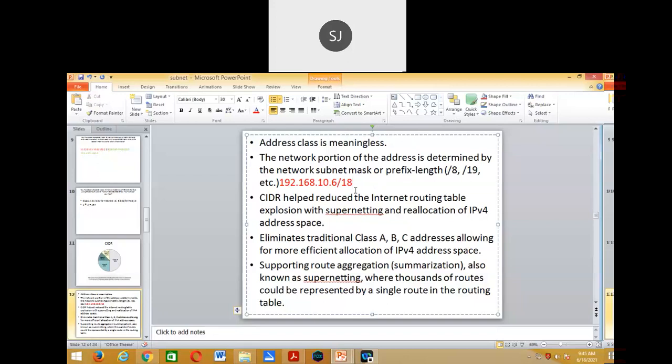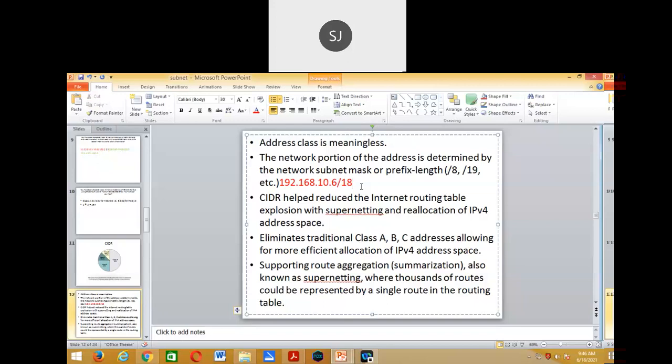Once it is classless, I can choose any number of bits for network ID and any number of bits for host ID. Suppose I want to address 300 hosts, then to address 300 hosts, how many bits do I require in the host ID?